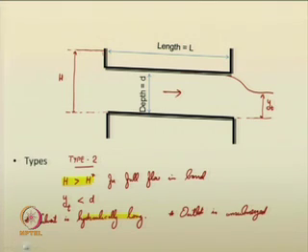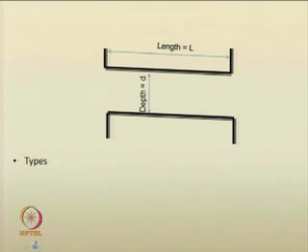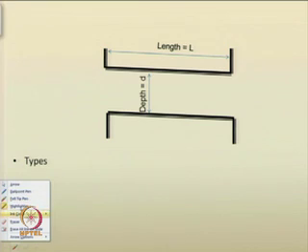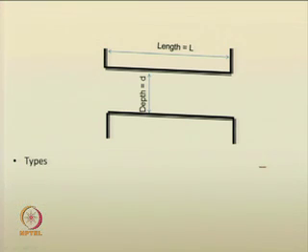The next type which we can discuss is type 3. So, let me give this as type 3 here. Type 3 flows in culverts. So, what is the peculiarity of type 3 flows?